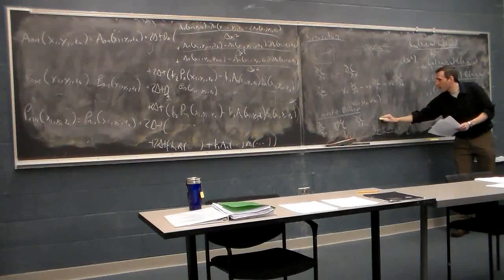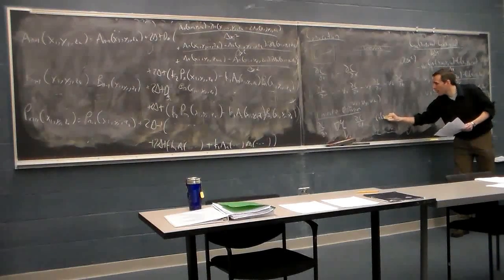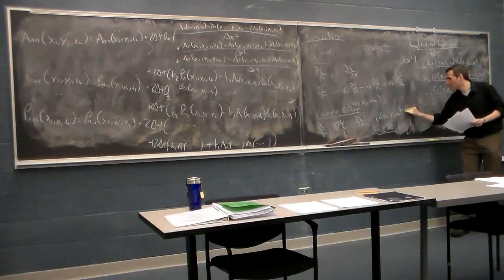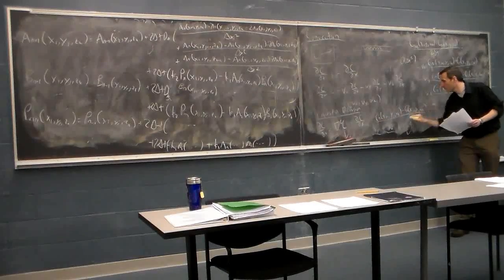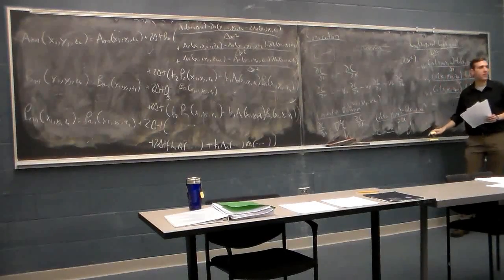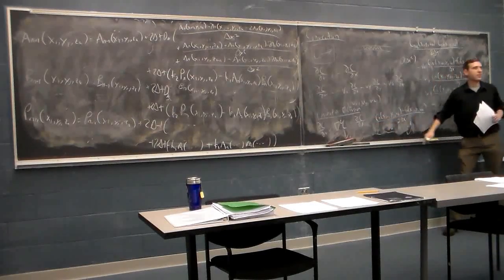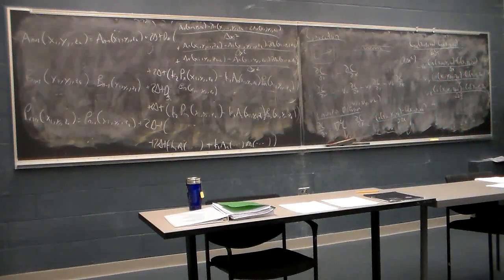We could plug in the approximation c sub n of xi plus 1 yj zk minus c sub n of xi minus 1 yj zk over 2 delta x. That's a second order approximation to dc dx. Does that make sense to everyone?